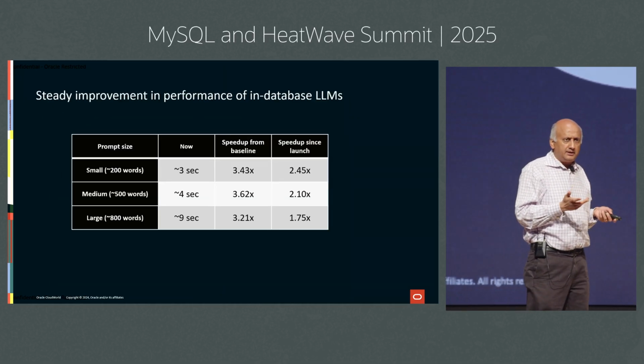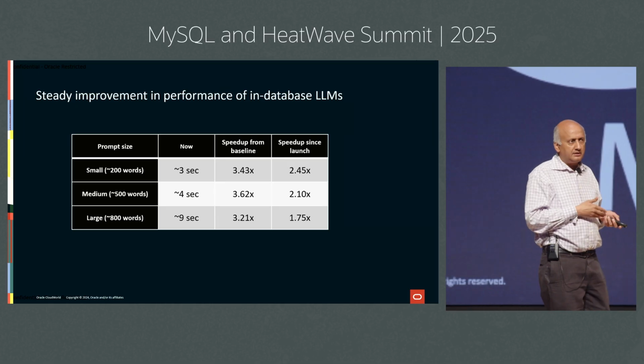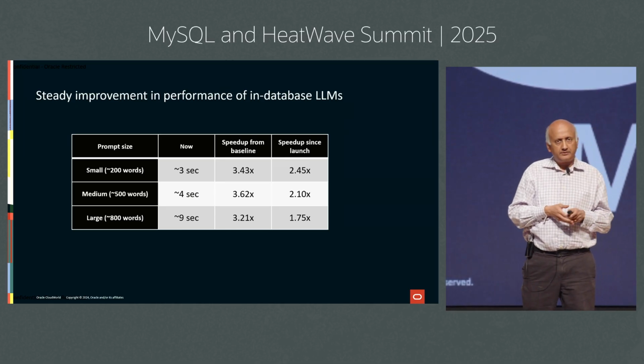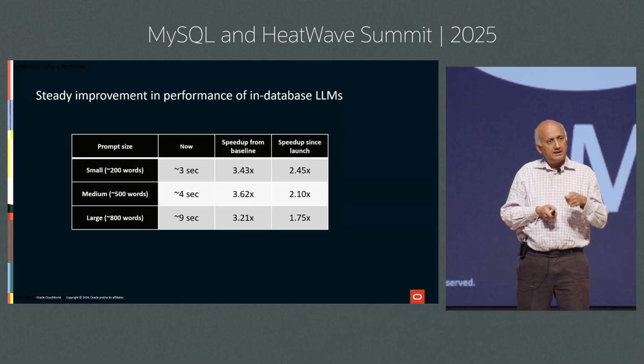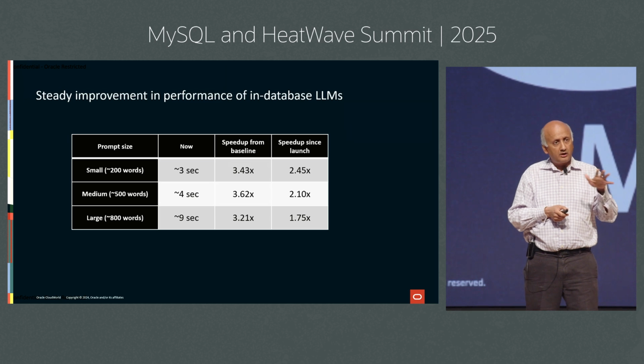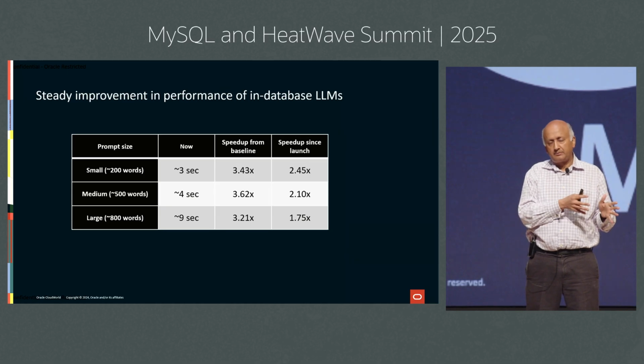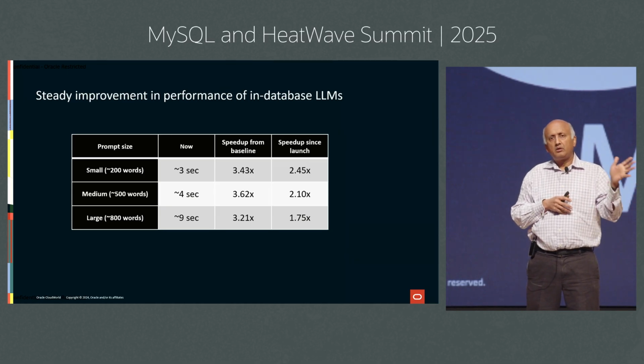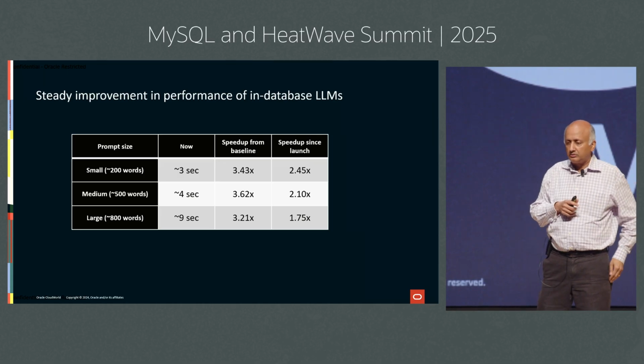We launched HeatWave Generative AI at Cloud World last year. We had support for in-database LLMs, which we had already optimized over the baseline. The baseline is you take an off-the-shelf LLM, you run it on a CPU, and it gives you some performance. Based on that, we had already improved the performance by about 3 times by last Cloud World.